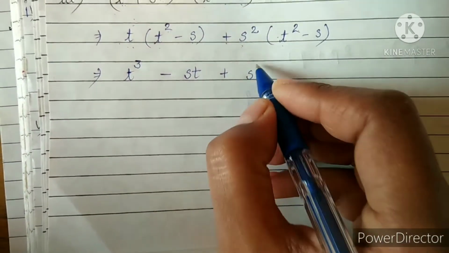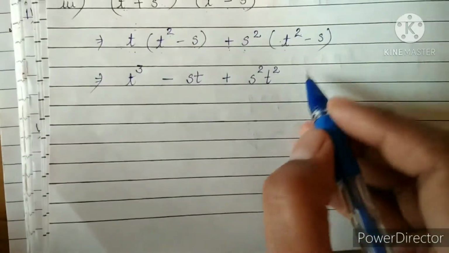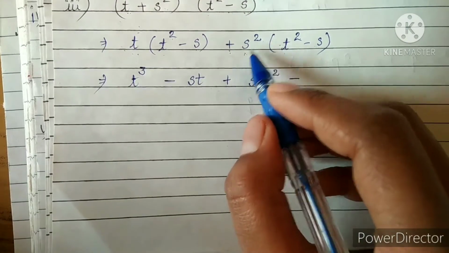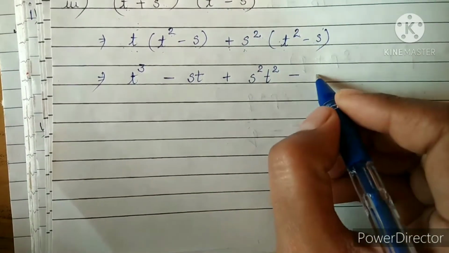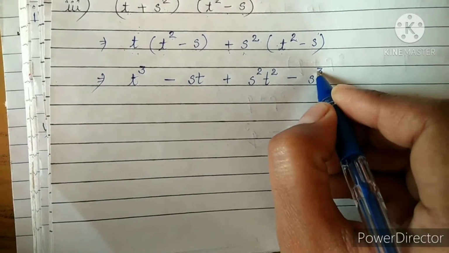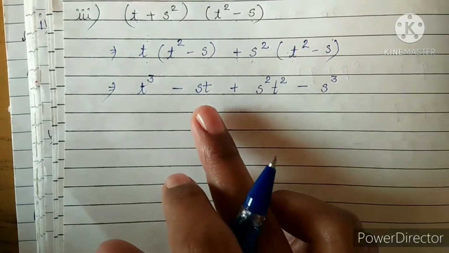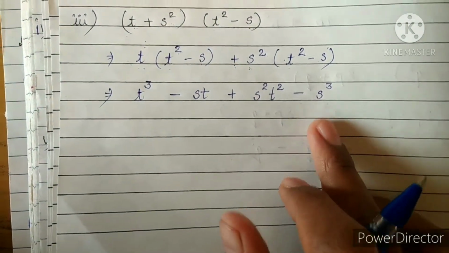So it will give us s square t square, plus minus is minus s square s is to power 2, s is to power 1. So it will give us s is to power 3. In this expression each term is different from each other, so here will be our answer.